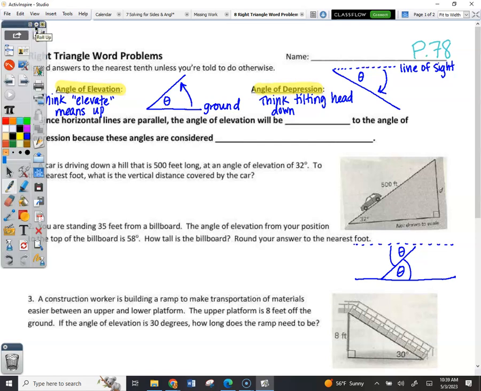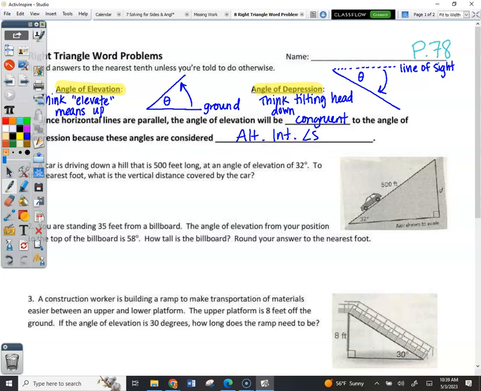Okay? If I give you the angle of depression, I have also just secretly given you the angle of elevation, and I will show you why that is helpful when we get to one of those problems. Since the horizontal lines are parallel, the angle of elevation will be congruent to the angle of depression because the angles are considered alternate interior angles.